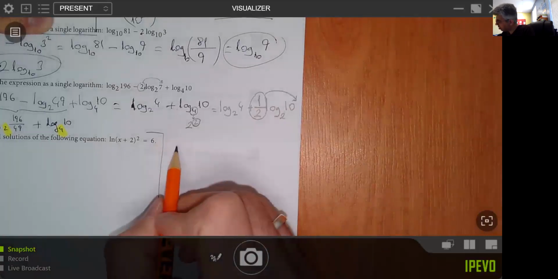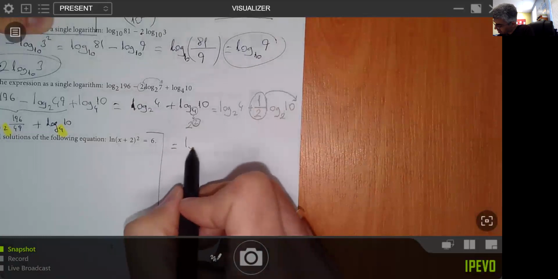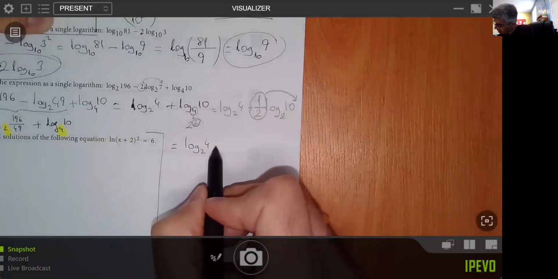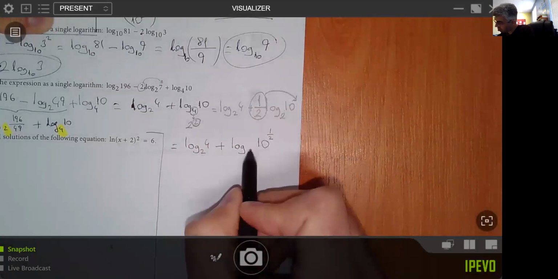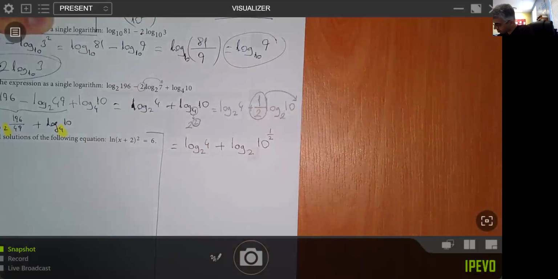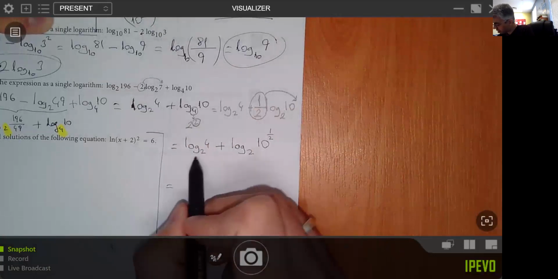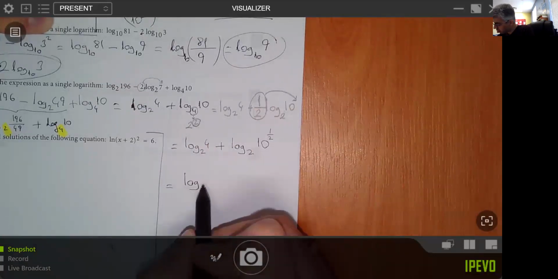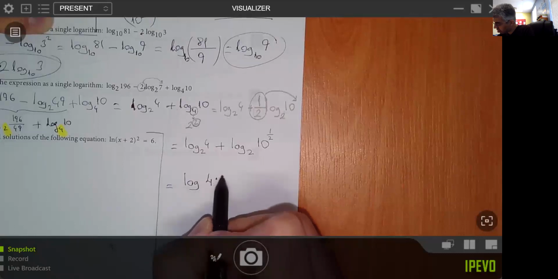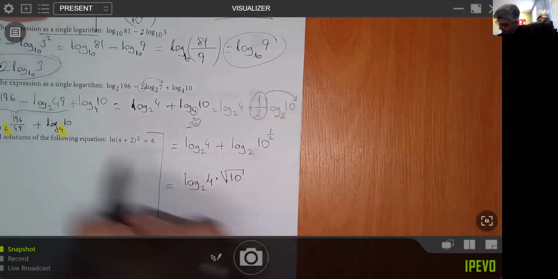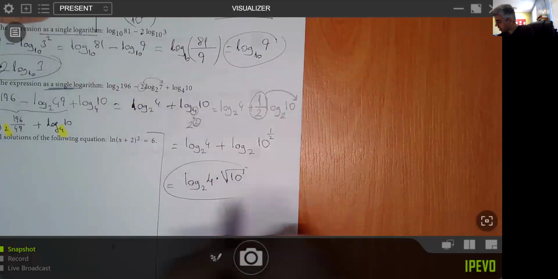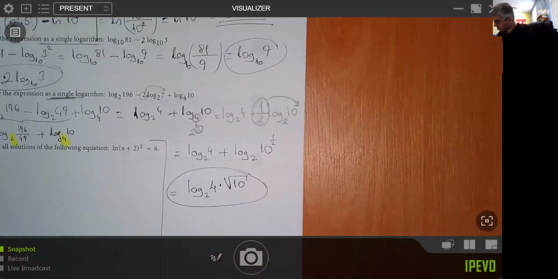Okay. So I have the first logarithm same plus logarithm of 10 to the power of 1 over 2. Two logarithms, bases are same. I can write it as log of 4 times square root of 10 base 2. Okay? As a single logarithm. This is the single logarithm. Is it clear?